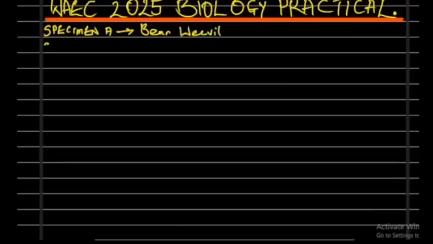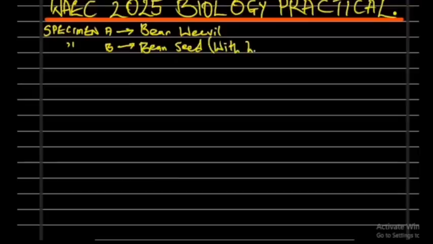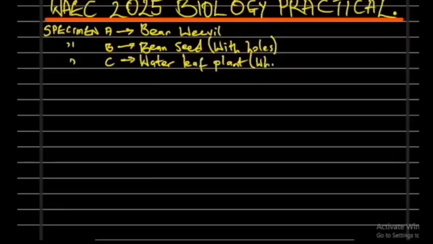And our specimen B, we have bean seed, bean seeds that have been perforated by pests. And then the third one, our specimen C, is water leaf, the whole water leaf plant. And our specimen D, we have it to be quill feather.